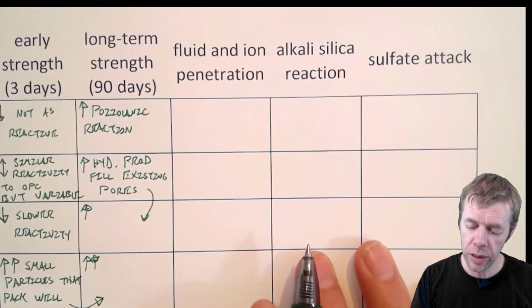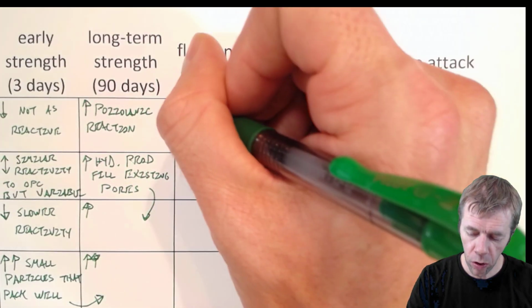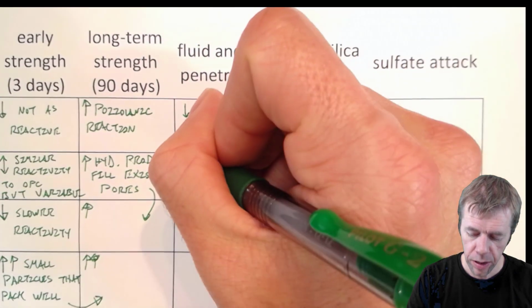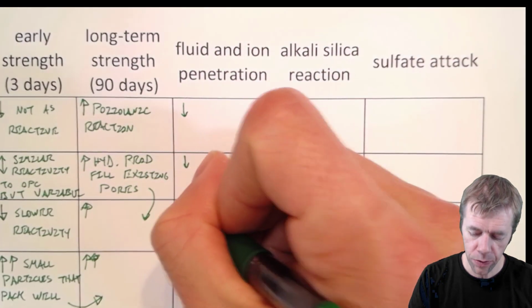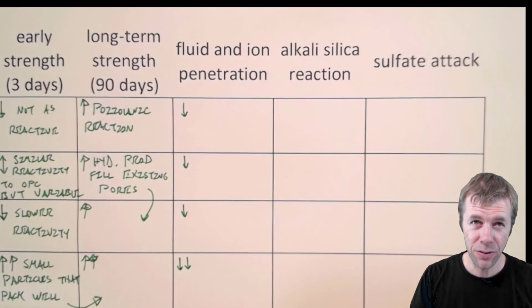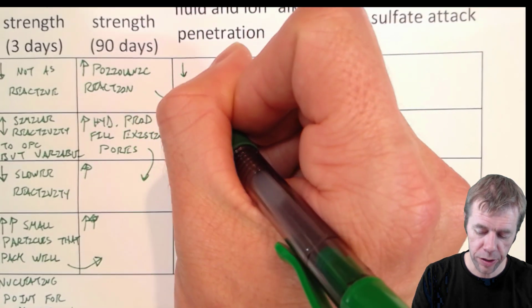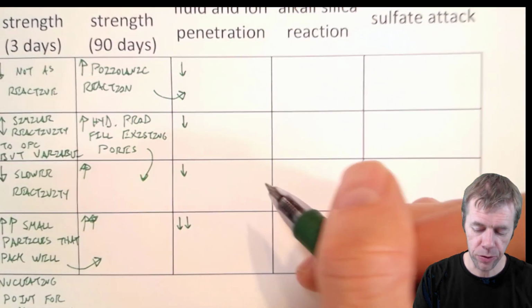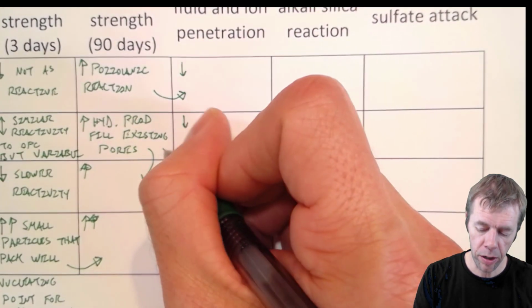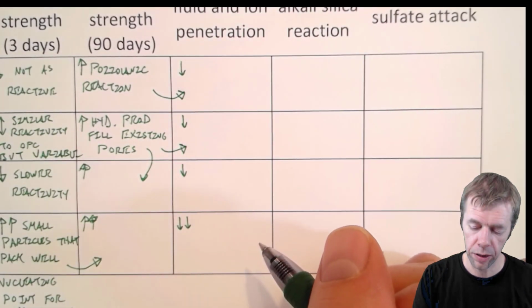Now let's talk about fluid and ion penetration. These are going to all go down, down, down, down, and double down. And the reasons are all the same reasons we talked about before. This pozzolanic reaction is going to form a tighter microstructure. These hydration products, when they form, are going to form in the pores that are already existing.